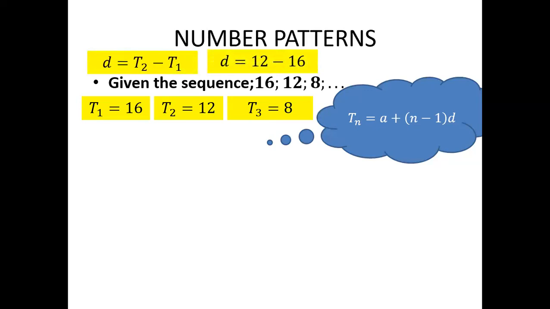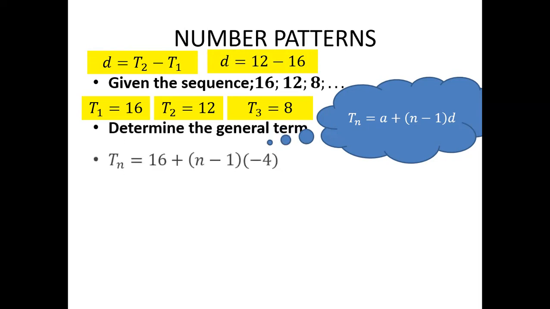Otherwise, you will just have to calculate it by taking the second term, which is 12, minus the first term, which is 16. 12 minus 16 will give you negative 4. Now you need to break that bracket. Remember, brackets in math mean that you need to multiply.